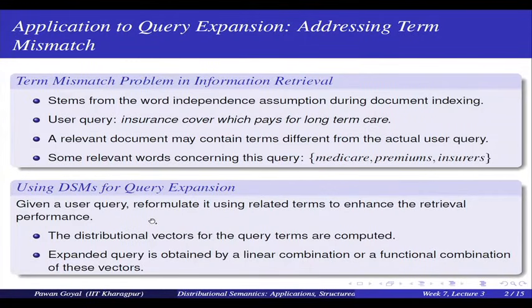Firstly, I have the query terms that the user is giving, find out what are the distribution vectors, and take a functional combination of all the distribution vectors and obtain the expanded query. So suppose the query has 3 terms, find out what are the related terms to all these 3 terms in the distributional sense, and make a linear combination of all such possibilities and give the expanded query to the user.